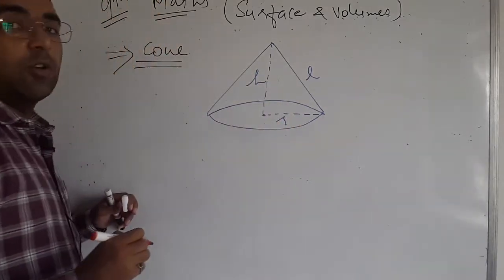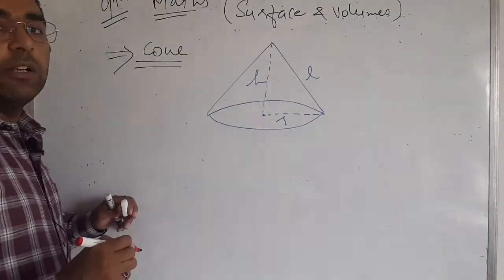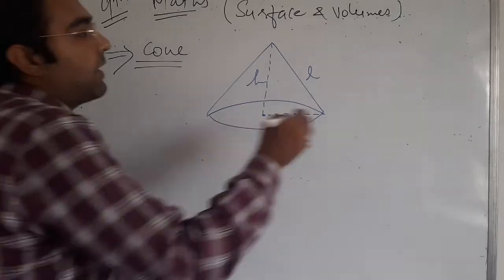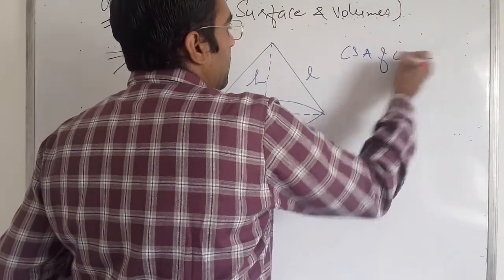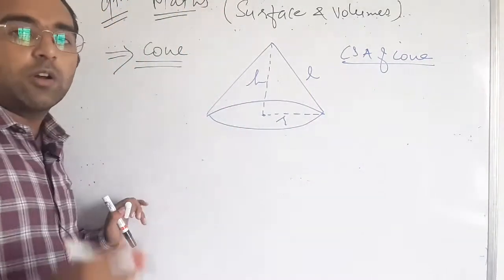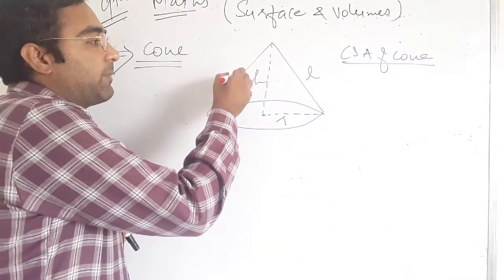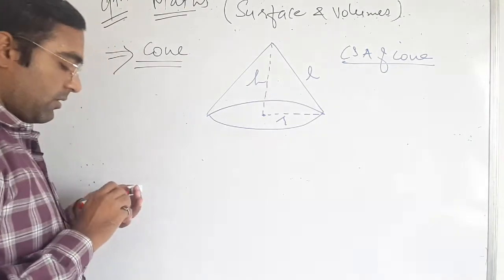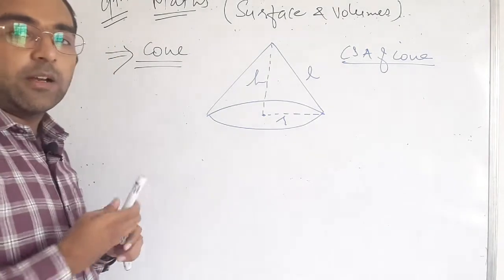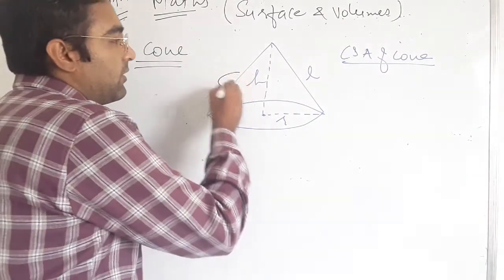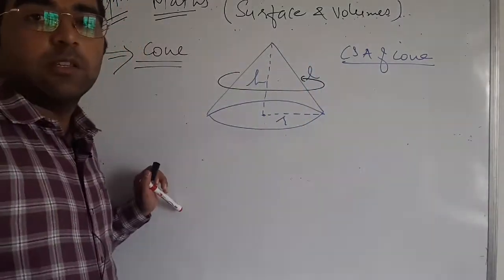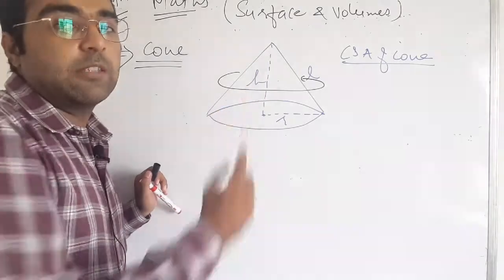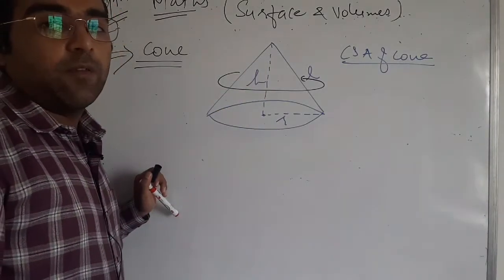Now the curved surface area of the cone, curved surface, that means this part. I'll show with the black marker. This curved, circular part is my curved surface area of the cone.